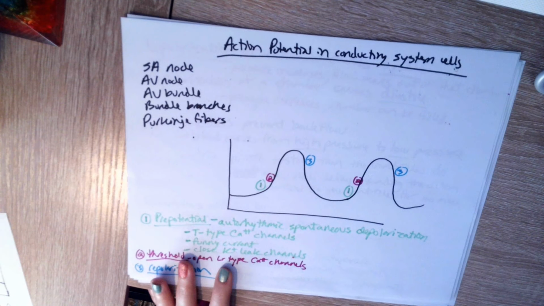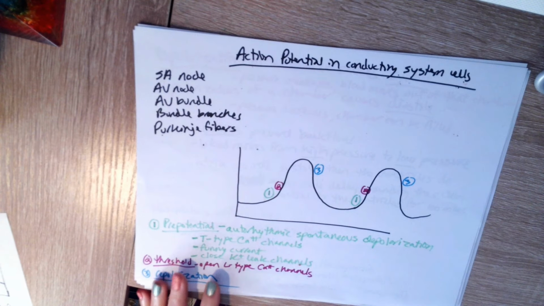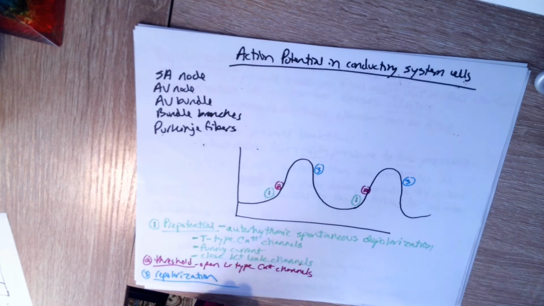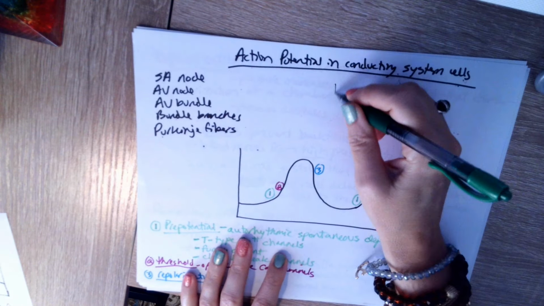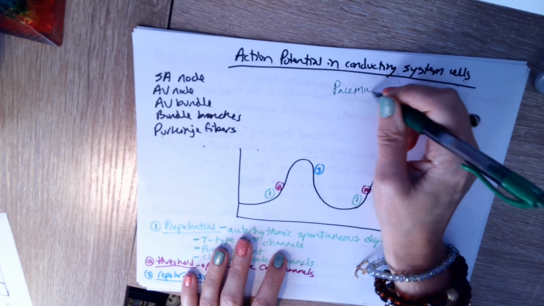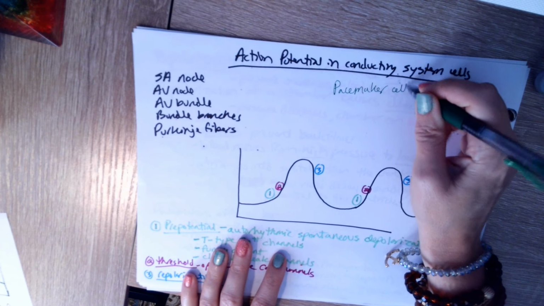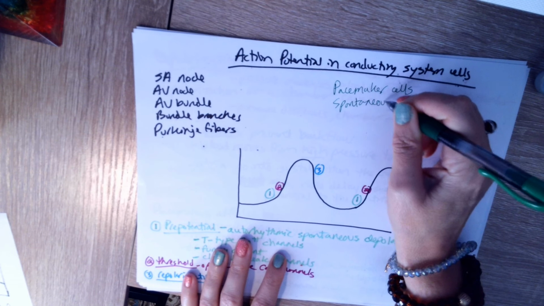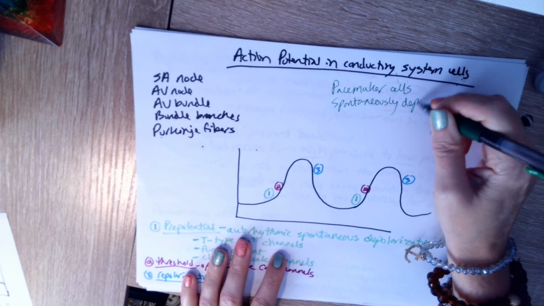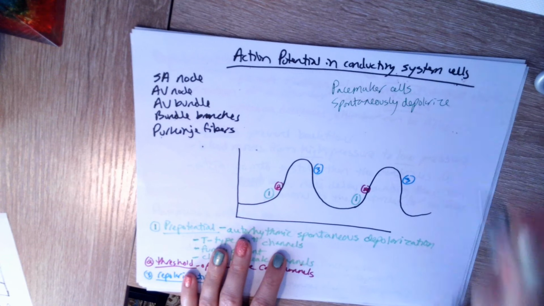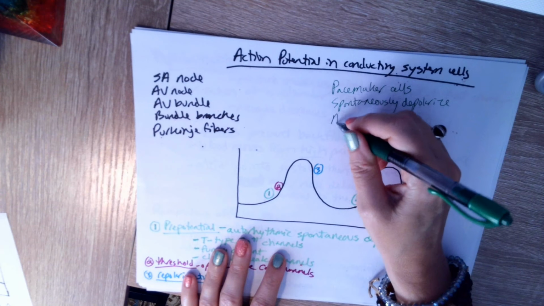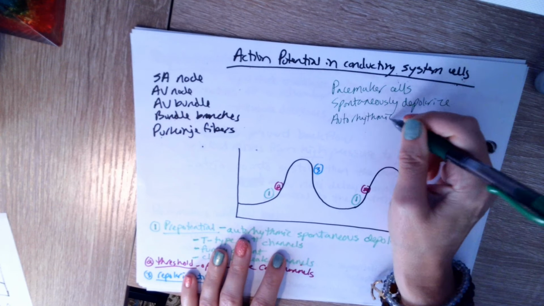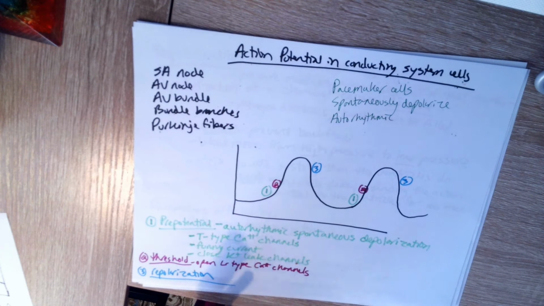So these would be the cells that are the spontaneously depolarizing pacemaker cells. They're called the pacemaker cells. They spontaneously depolarize. And they do so in an autorhythmic fashion, which means that they keep a beat on their own.